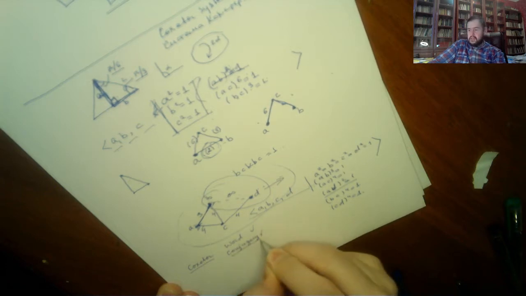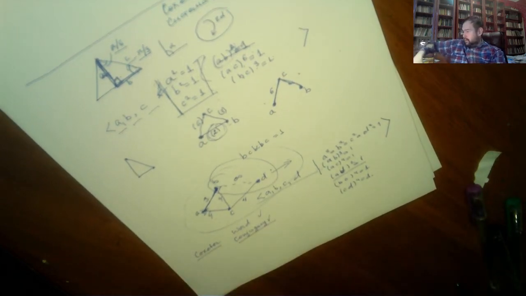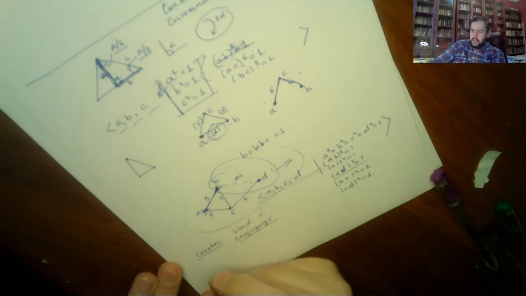So for Coxeter groups, we know that the word problem is algorithmically solvable, and the conjugacy problem is also algorithmically solvable.